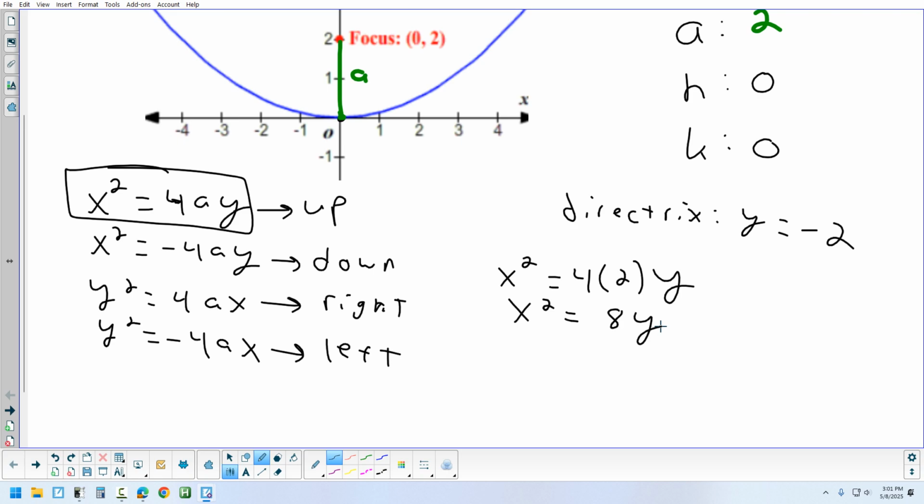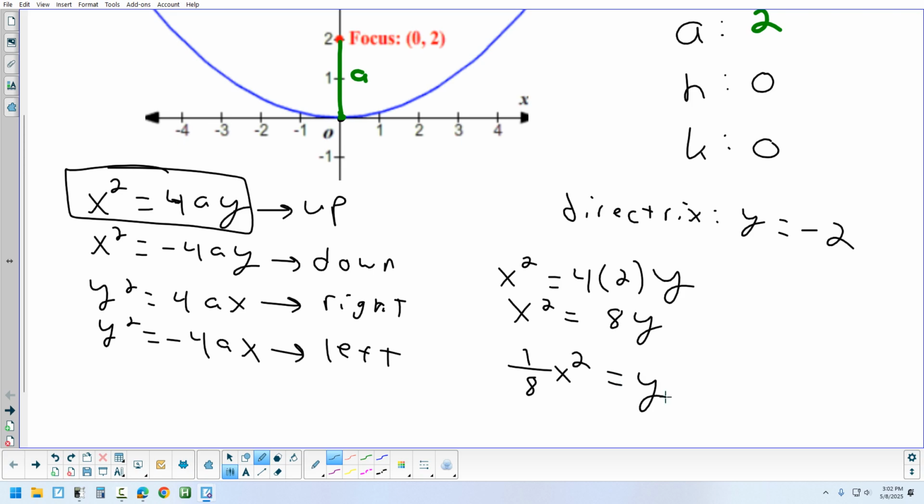And how would you get the y by itself? Divide the x squared by 8. Yep. So you could write that as 1/8 x squared, or x squared divided by 8. That's the same thing.